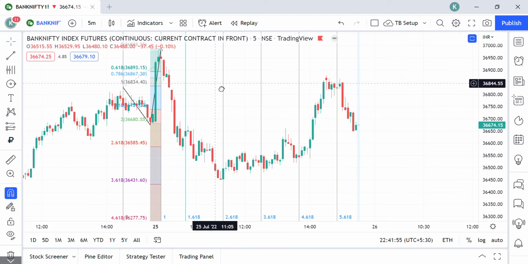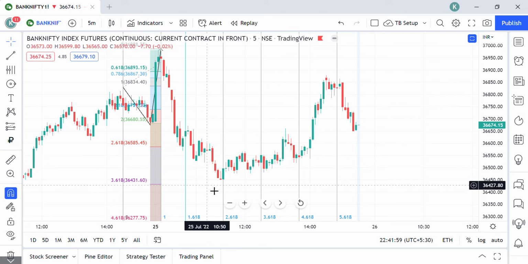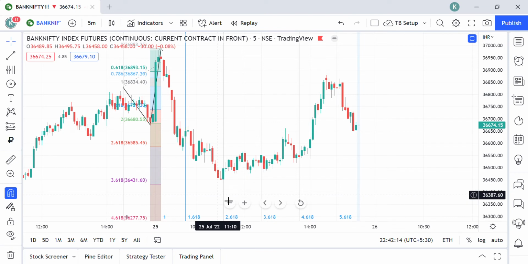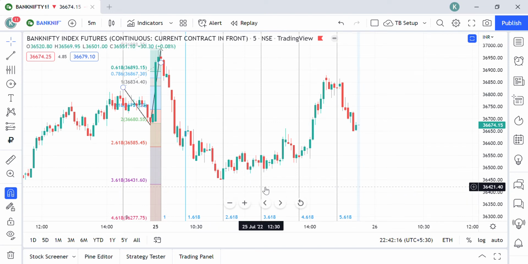Now, since price is traveling further down, I choose two Fibonacci zones, that is the 2.618 zone and the 3.618 zone in vertical momentum, and similarly the 2.618 zone and the 3.618 zone in the horizontal vector.